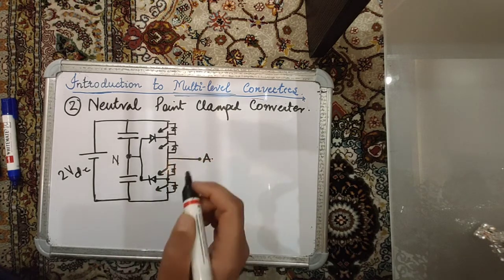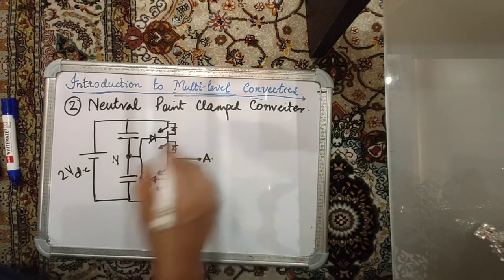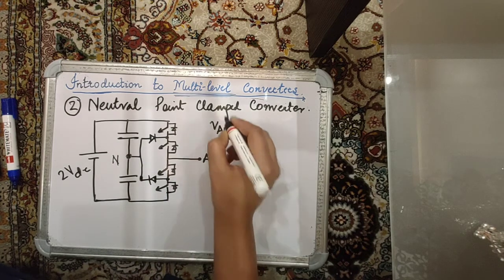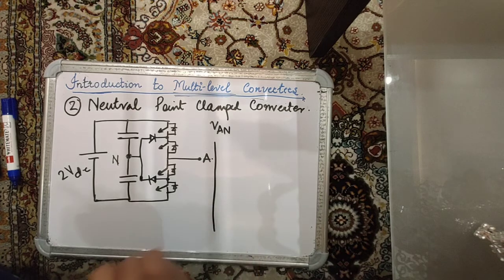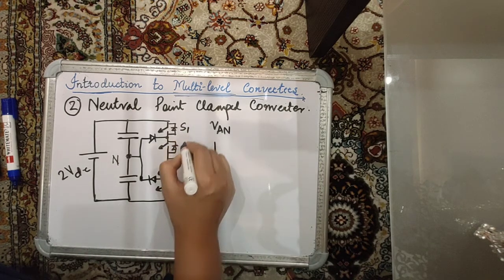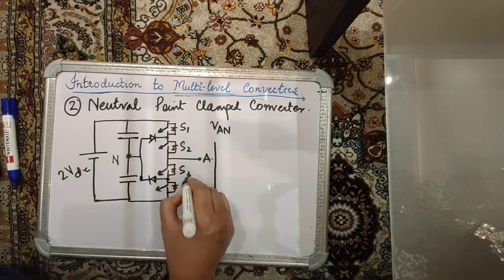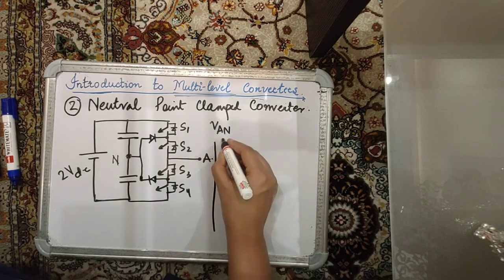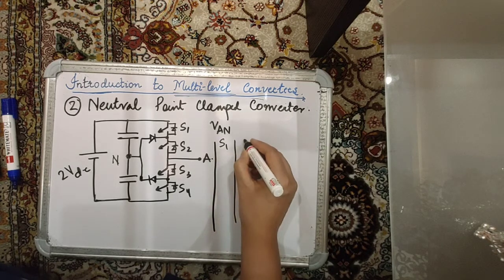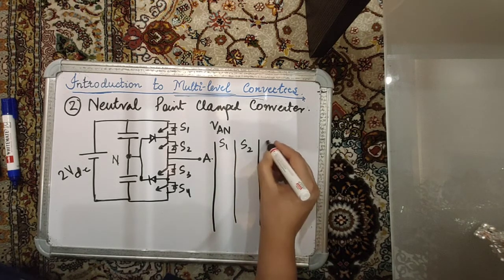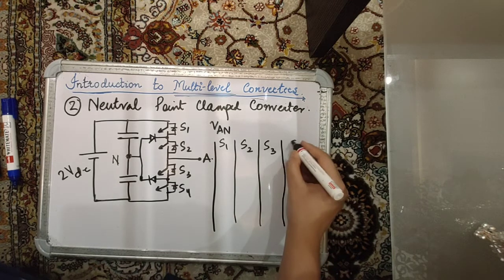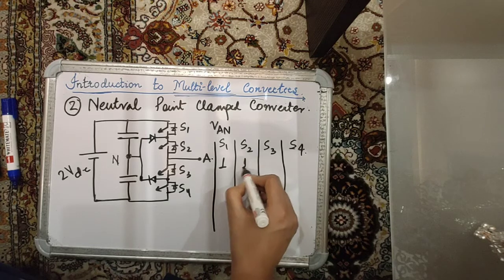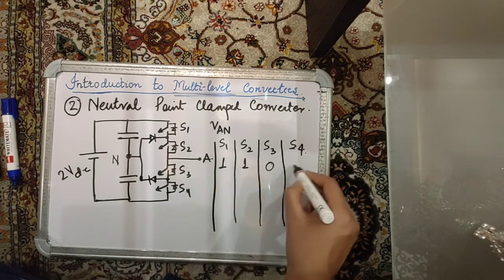Now let's see how many levels of voltages it has. Let's see the pole voltage VAN. Suppose, let's call them S1, S2, S3 and S4. Suppose S1 and S2 are both on, and suppose S3 and S4 are both off.